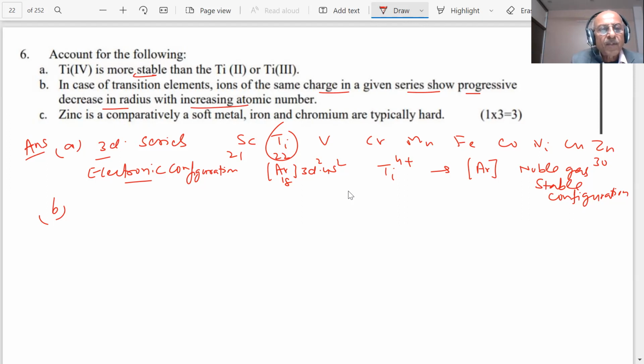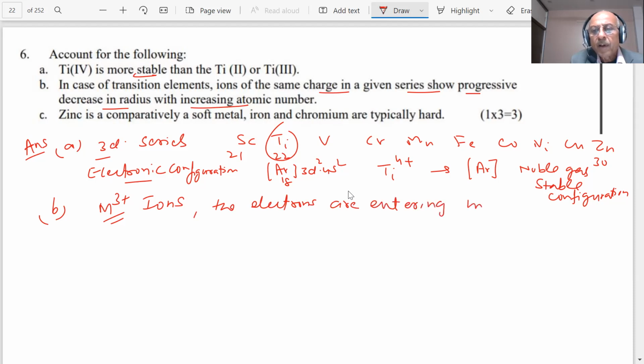Suppose I take M3+ ions, the same charge: scandium 3+, titanium 3+, vanadium 3+. The electrons are entering into the same subshell, the 3d orbital.